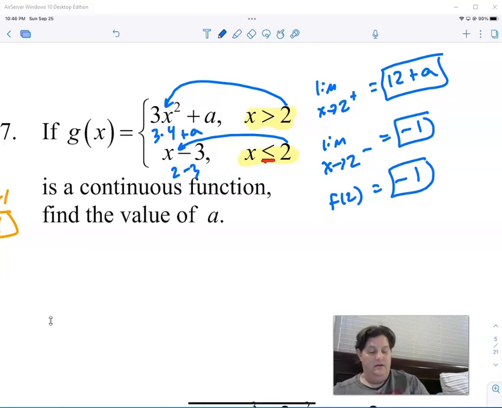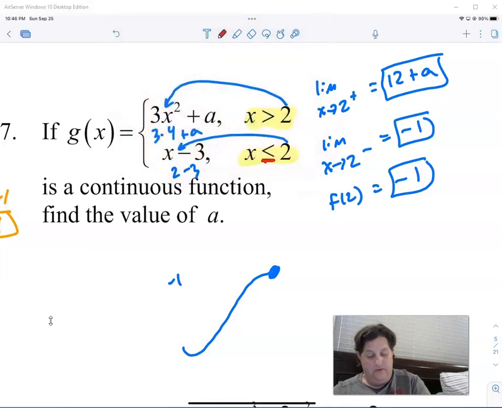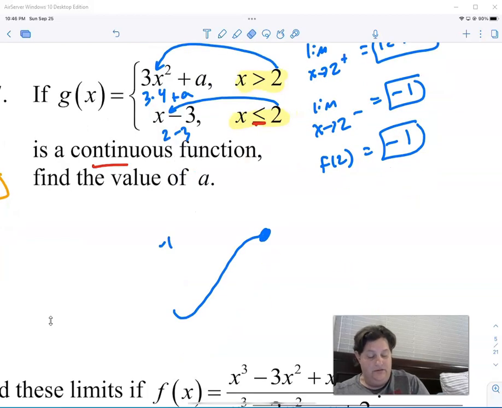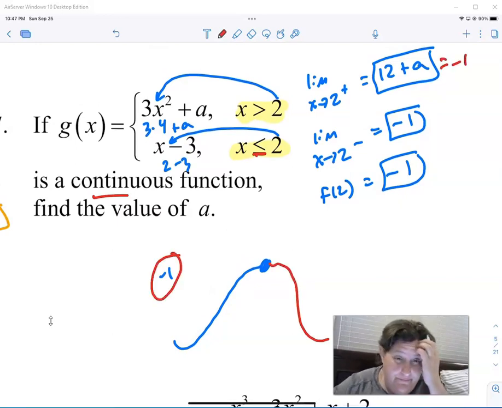If the left-hand limit goes to -1, and the point goes to -1, in order for it to be continuous, what's going to have to happen over here? Can I go like that? No. Can I go like that? No. In order for it to be continuous, it has to meet up at -1. So this one also has to be -1.